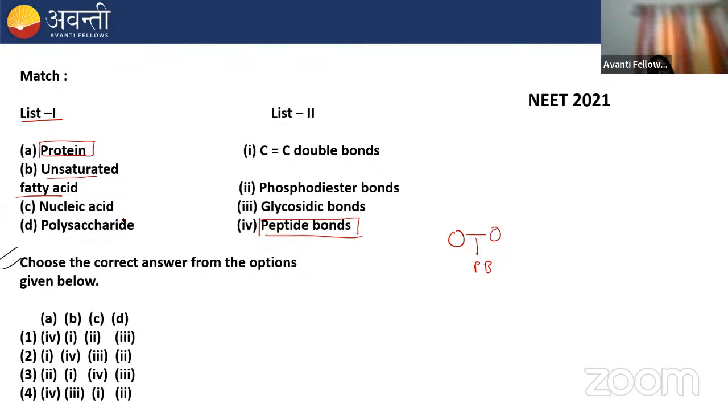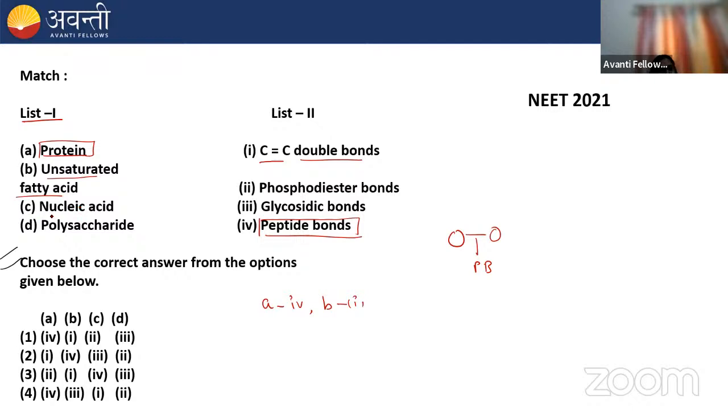Saturated has a single bond, unsaturated a double bond. Remember? So A is 4th. Okay. B, unsaturated fatty acid. B is 1st. Unsaturated fatty acids have the double bond. I told you.